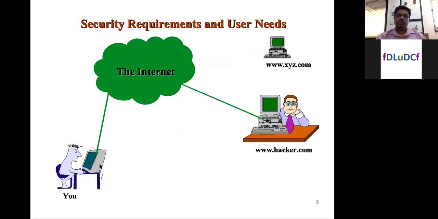However, when you get a page, you never know whether it is from xyz.com or from hacker.com. You never know that because maybe your DNS server, the domain name server, is compromised. This DNS server may give a hacker's IP address.